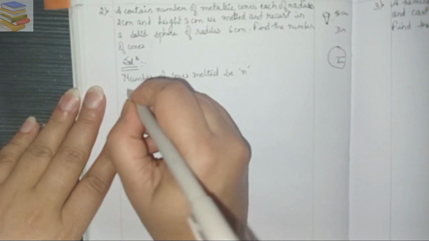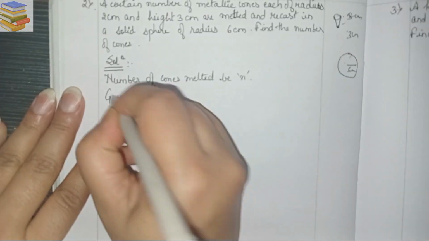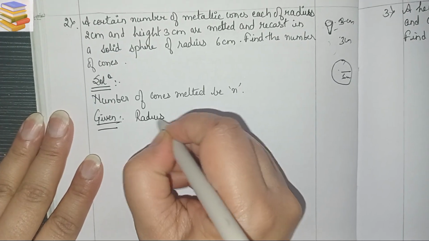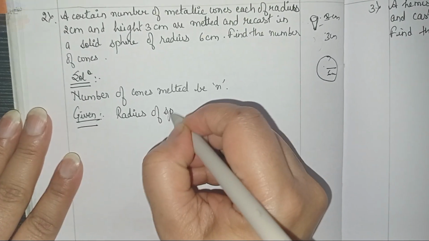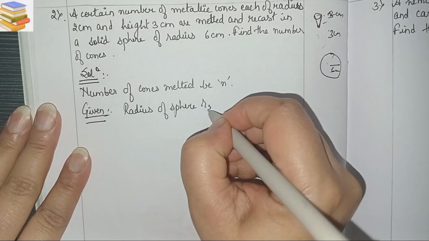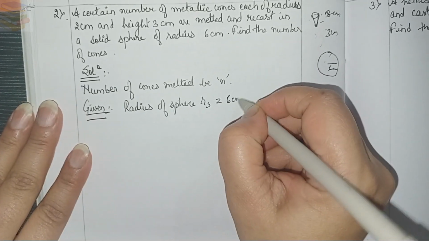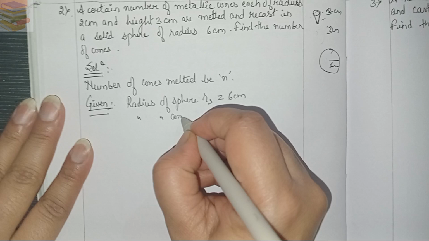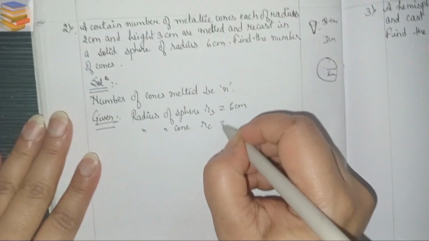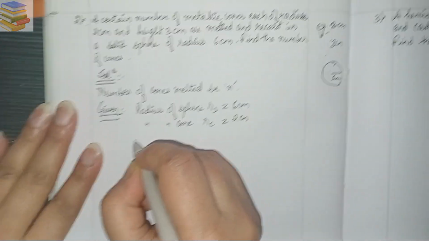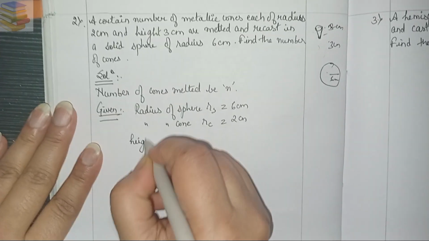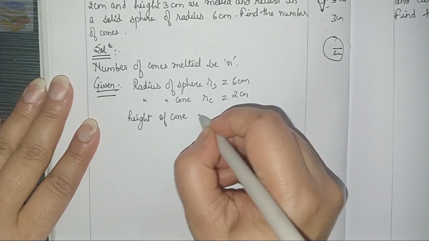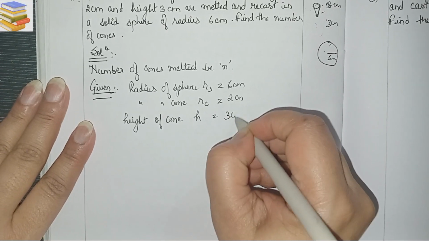Okay, given radius of sphere RS is equal to 6 centimeters, radius of cone is RC is equal to 2 centimeters. Height of the cone is given as H is equal to 3 centimeters.